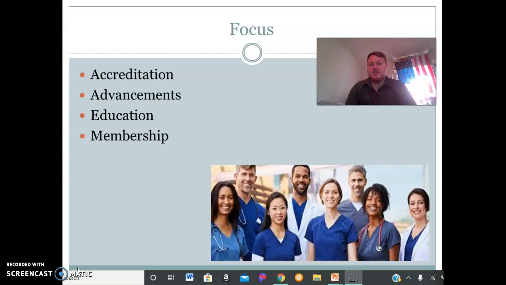Next would be advancements, which is how you can further increase your evidence-based practice and your professional practice to go to the next level through certifications, which also follows into education, because the education portion will help with the advancements to get your next certification. And lastly, it would be membership. So like before, everything that they need for their members: the events, donations, all of the things like that.